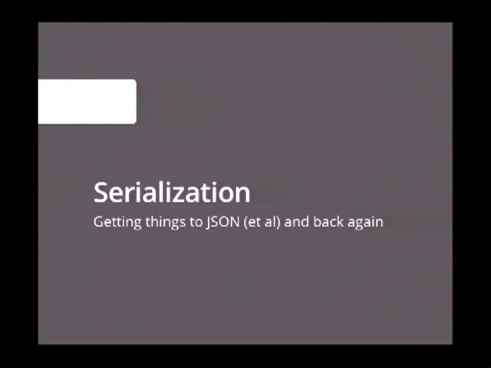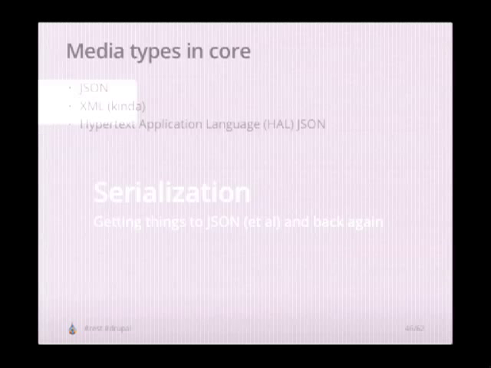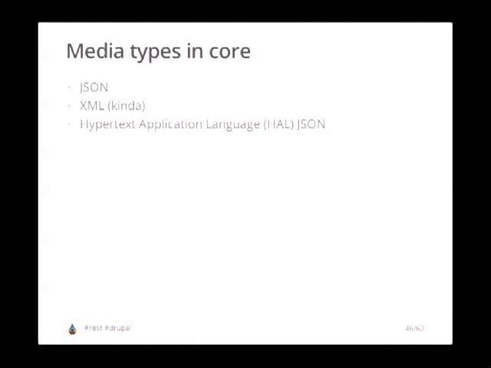Because these are separate parts, you don't need to write a specific resource every time you want to support a different format. So the media types we have in core, we have JSON, we have XML, kind of, sort of.